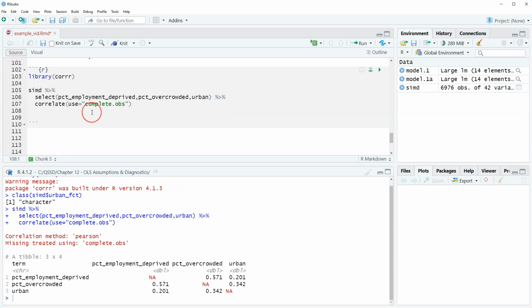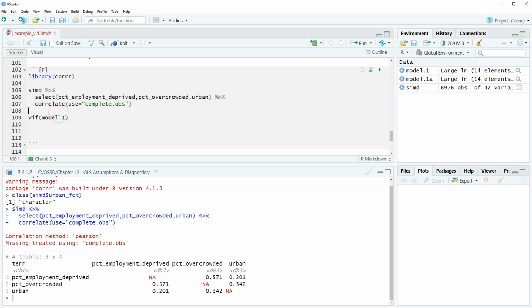Okay. The sort of formal test we're actually going to use is known as the variance inflation factor test, the VIF test. We're going to use the function vif from the car package. So we just do vif model 1, and the VIF is going to give us values that tell us about how much shared variance is explained. The square root of those values tells us how much larger the standard errors are because of collinearity.